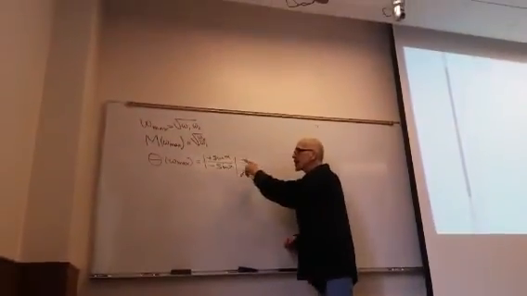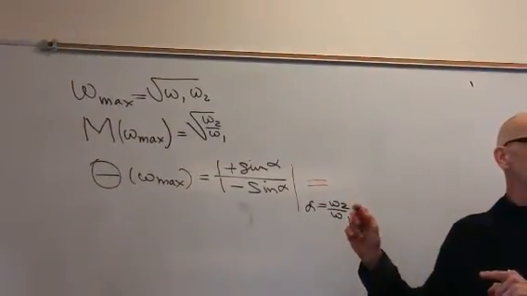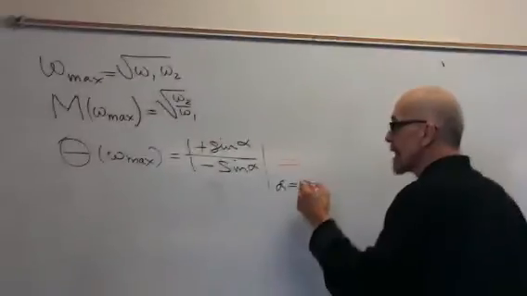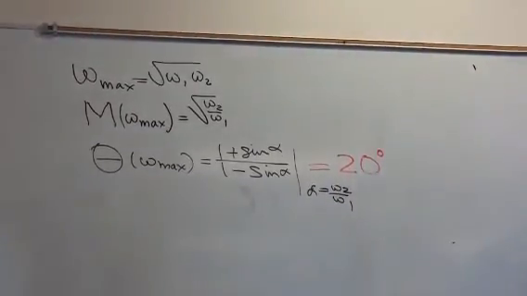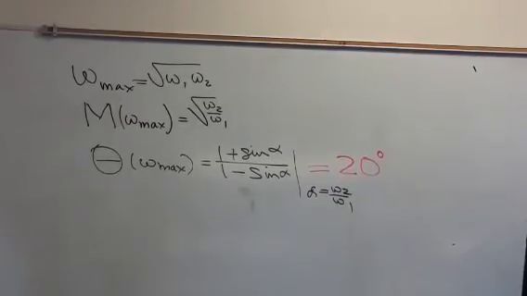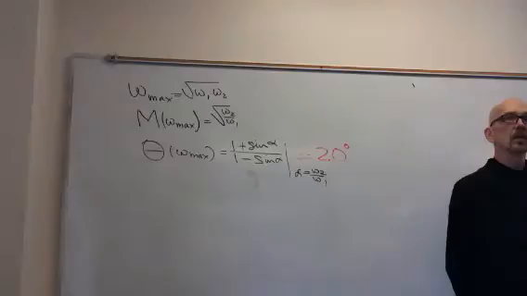And of course, you have to be real careful to convert degrees to radians, right? This is 20 degrees, and you want to put it in radian form. So that's one of your two equations. What's the other equation? Where do I want to add that 20 degrees?